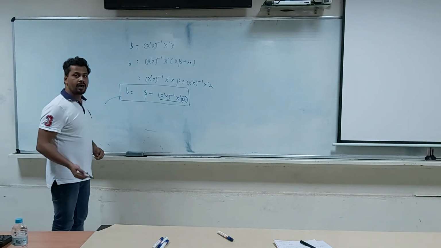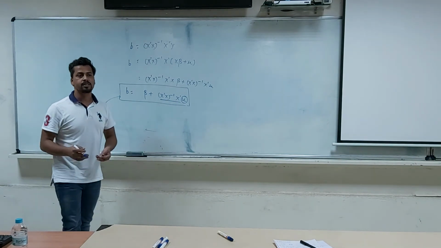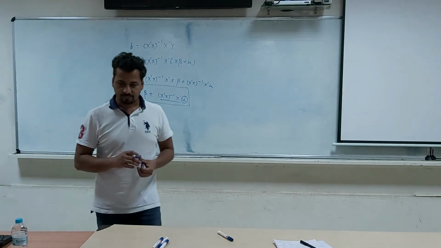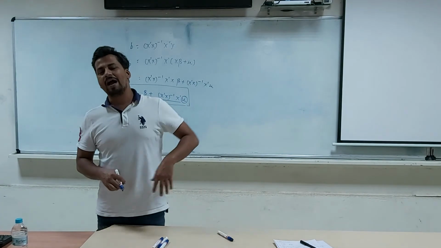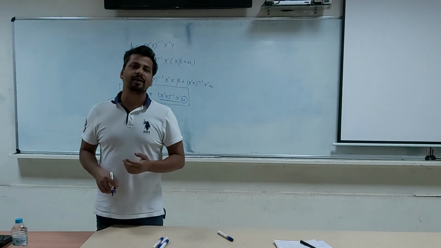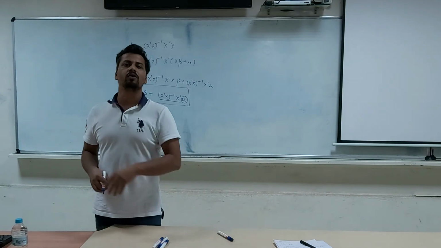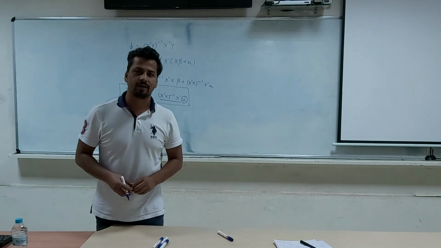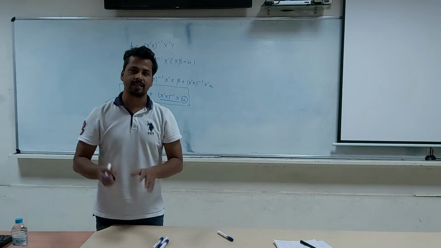Now I was talking about unbiasedness. Unbiasedness is a small sample property which says that the average or expected value of the estimator is equal to the true population parameter. That's what unbiasedness is.